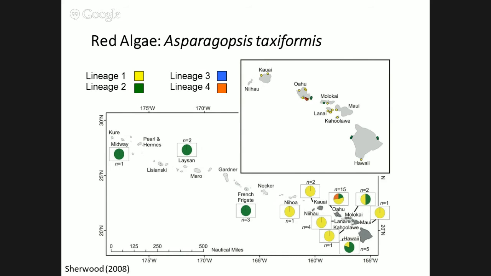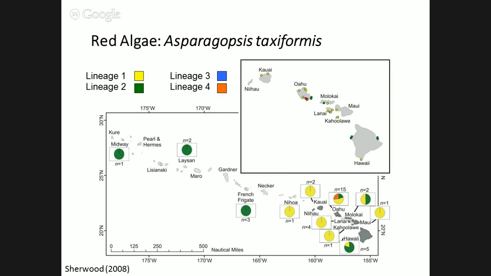So we just increased the number of specimens that we looked at for this alga around the islands, and we had a number that we obtained from the main Hawaiian Islands and then a number of specimens, both from cruises and from Bishop Museum for the northwestern Hawaiian Islands. What I've done here is labeled the 4 lineages that Andriakis et al. had described on the previous slide. And you can see we found very much the same pattern that they did, but in a little bit more detail.